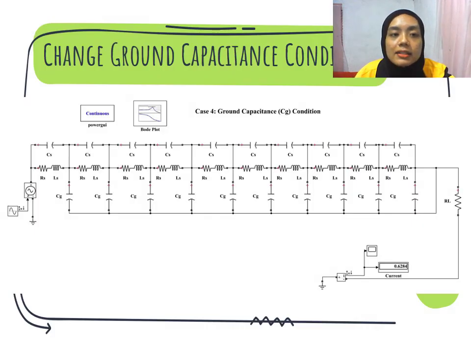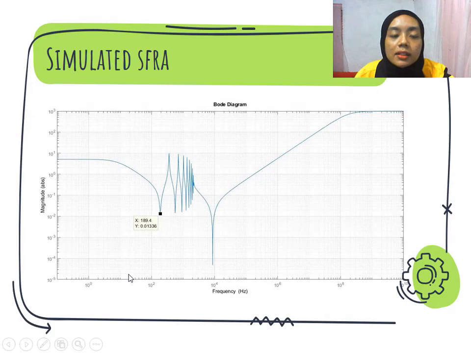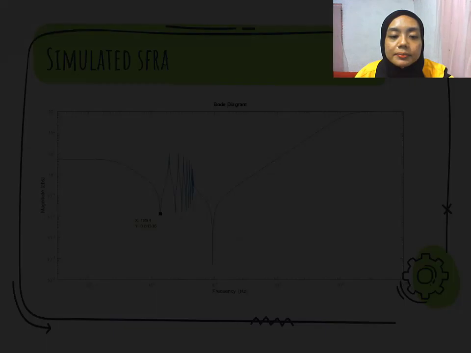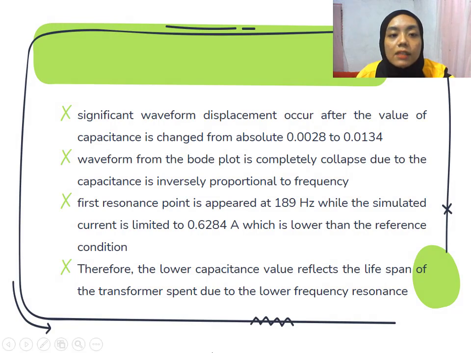Lastly, this is the test for the change of ground capacitance conditions. All the ground capacitance is changed to 52.6 picofarad. And this is the Bode diagram for the simulated SFRA. Significant waveform displacement occurs after the capacitance value is changed, from absolute 0.0028 to 0.134.